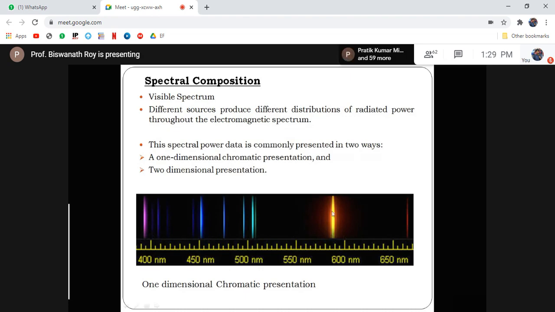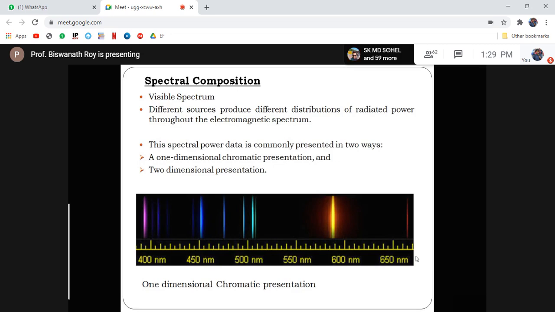For example, here, the optical radiation emitted in this wavelength, we can see as yellow, whereas optical radiation where the wavelength is around 400 nanometer, we can see as violet. The same is applicable for all other colors. From 400 nanometer to 800 nanometer almost, we can differentiate different wavelengths by virtue of perceived color.